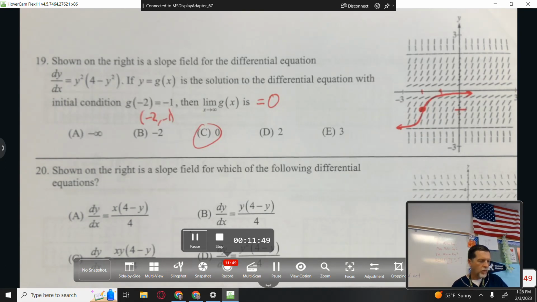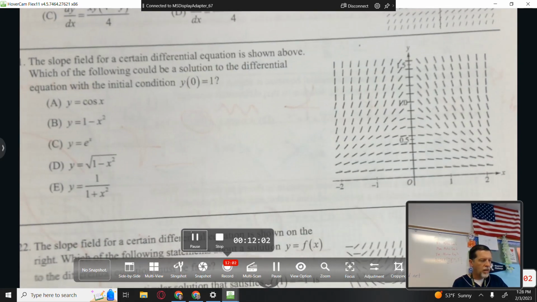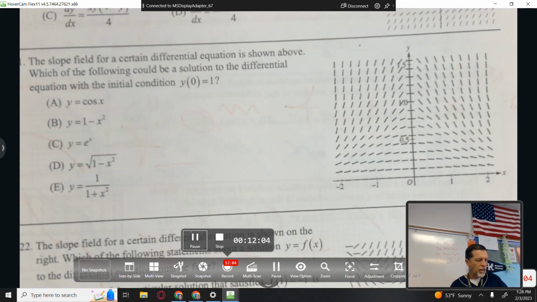Yeah, 20 and 21 are kind of the same type of question. 22 is more sketch the point they give you and then answer the question. But be careful, it does say which one must be false.